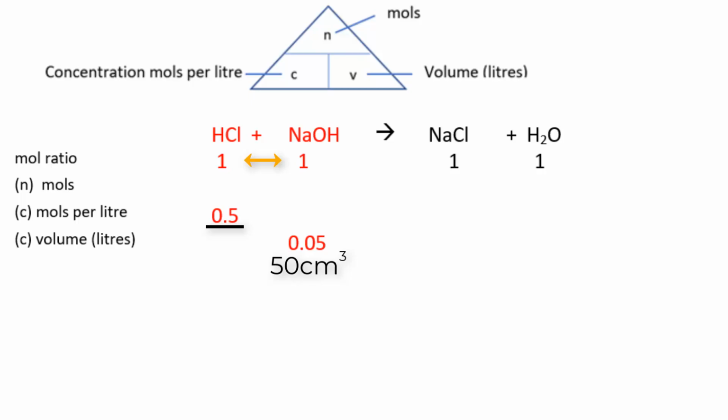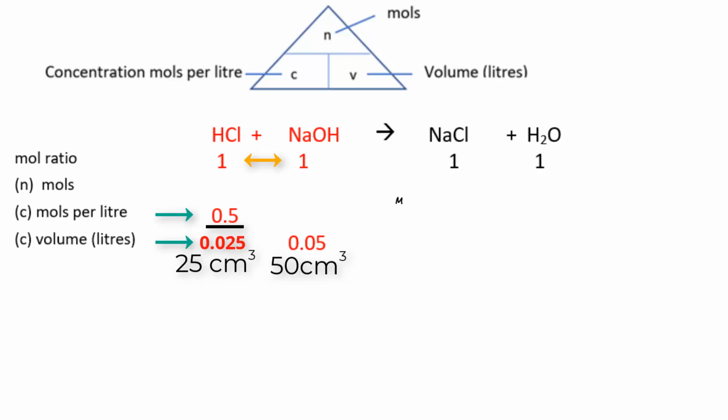After the volume of HCl has been added to the conical flask to neutralise and use up all of the NaOH in the flask, we find that we have used 25 cubic centimetres of HCl. We can now add this volume to our information under the equation. Now, because you have the volume and concentration of the HCl, you are able to work out how many moles of HCl using the triangle.